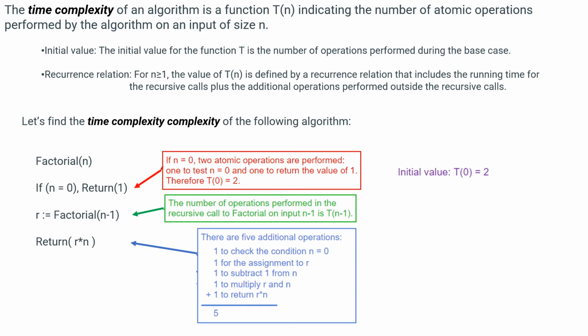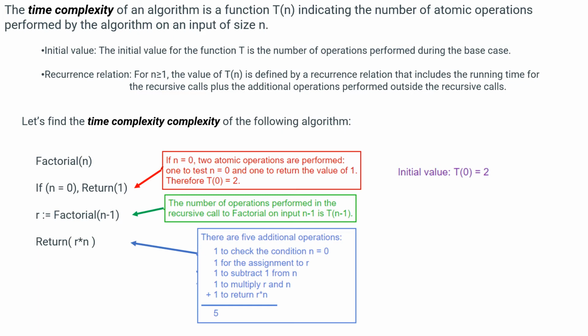You might say, well, wait, didn't we already count it up here? But that's for the case where it actually is equal to 0. But even when it's not equal to 0, it still needs to check that. So every time, no matter what n is, it'll need to check that again.